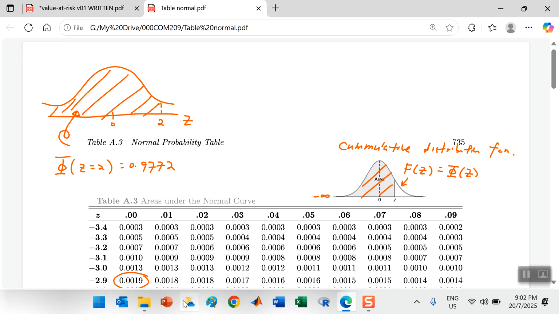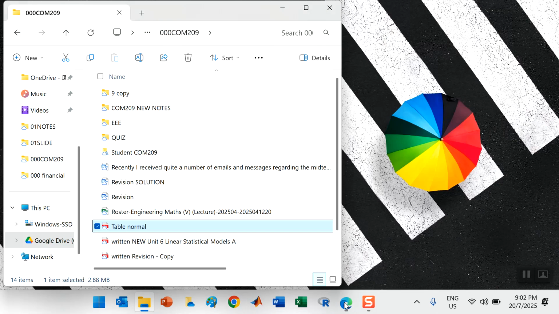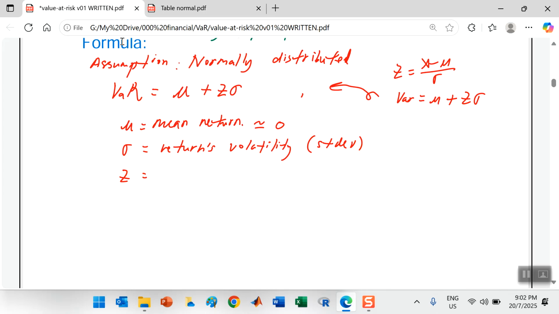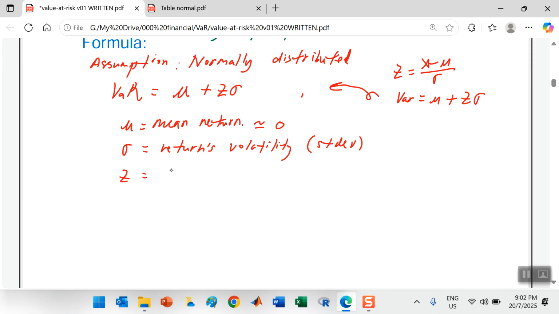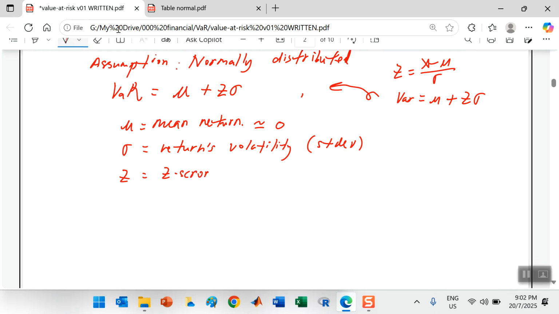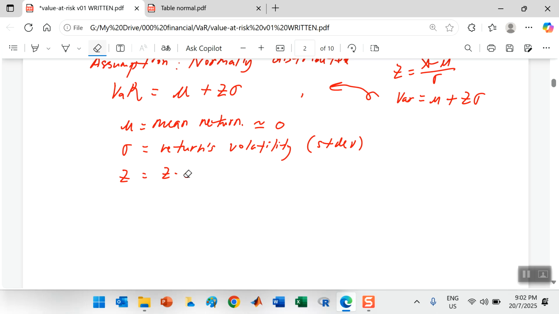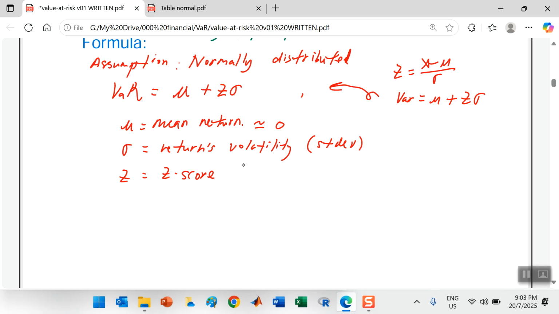So this is the Z value, this is the Z score, with the specific confidence level.